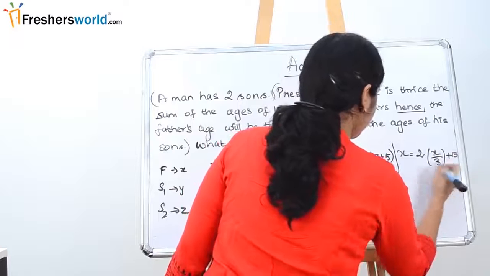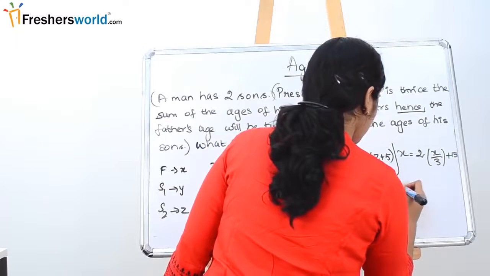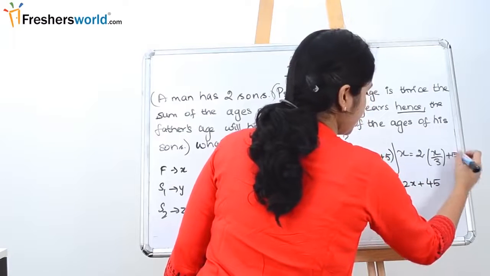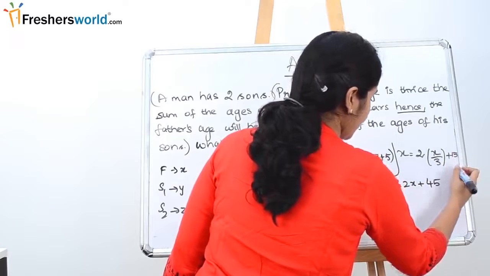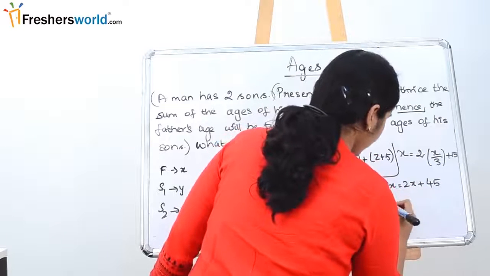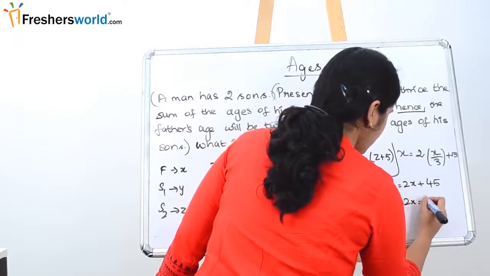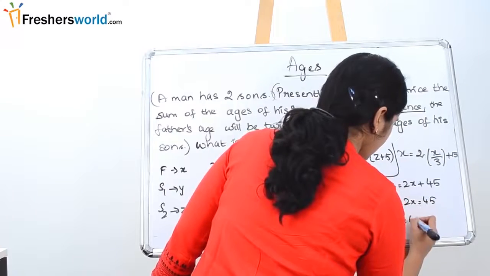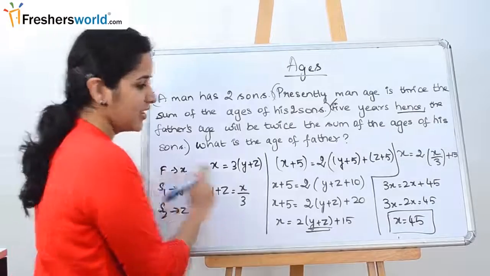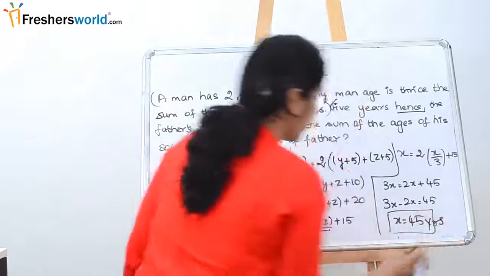I am cross multiplying it and making it a common denominator, so the 3 goes here. It becomes 3x is equal to 2x plus 45. So, 3x minus 2x is equal to 45, and x is equal to 45. What is x? X is the father's age. So, father's age is 45 years.